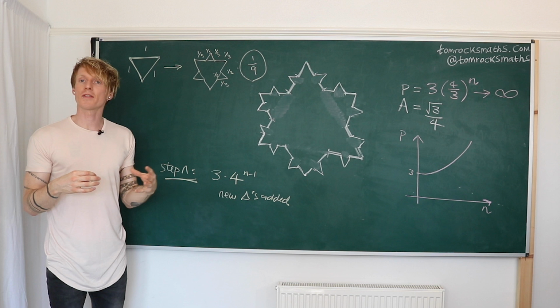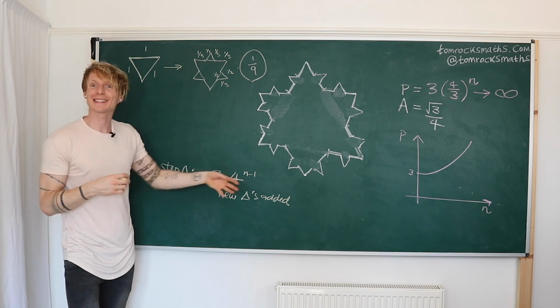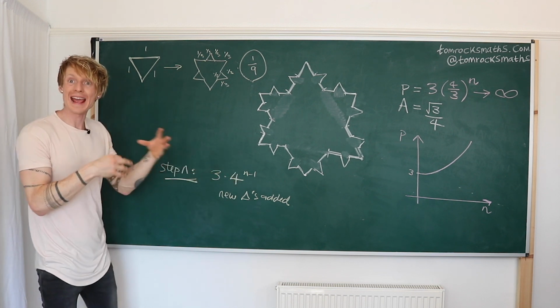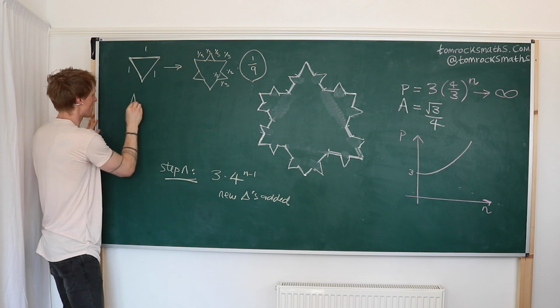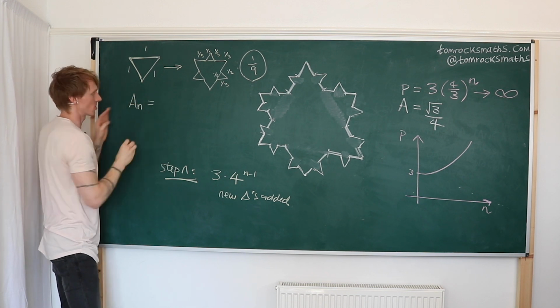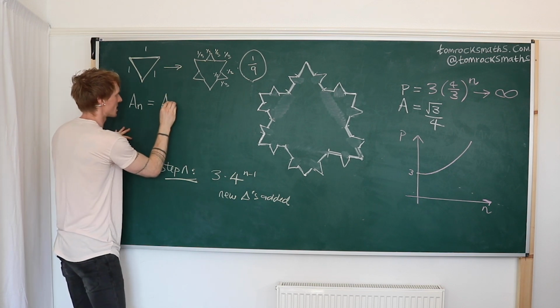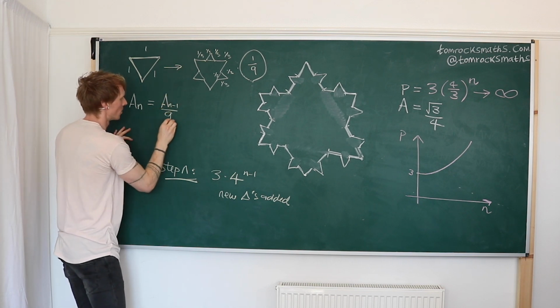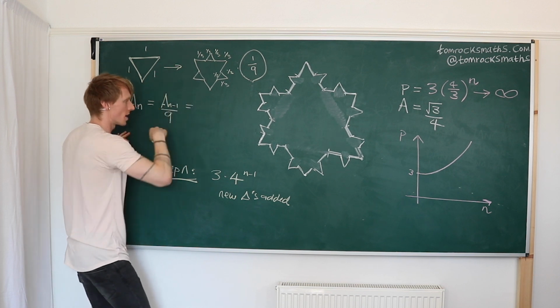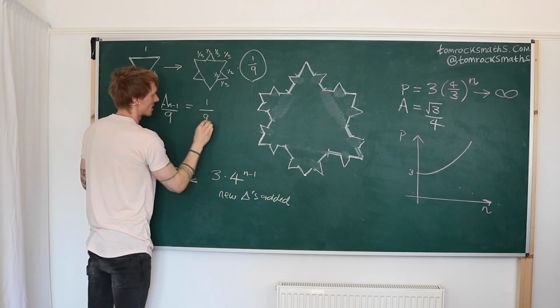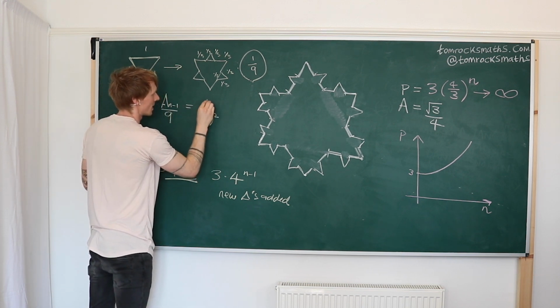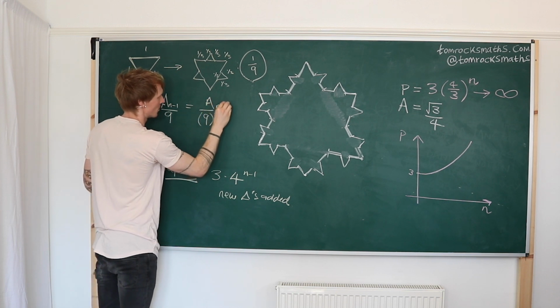If we call the area of the triangles added at step n, let's call that A_n, then the area of those triangles is just equal to 1/9 of the area of the triangles added at the step before, which is then equal to 1/9, so 1/9 squared, times the area at the step before.